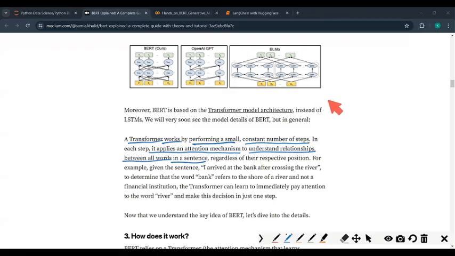So suppose let's take this is the statement: I arrived at the bank after crossing the river. In this statement, let's say we have written till this much as of now. We have not written the further part after crossing the river.